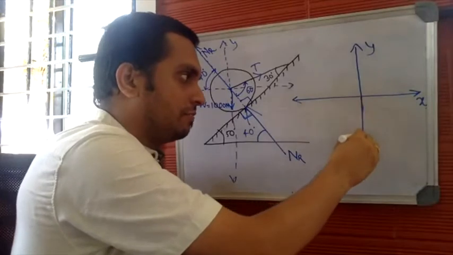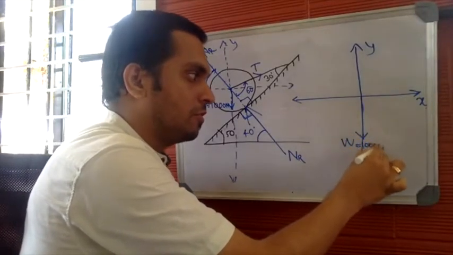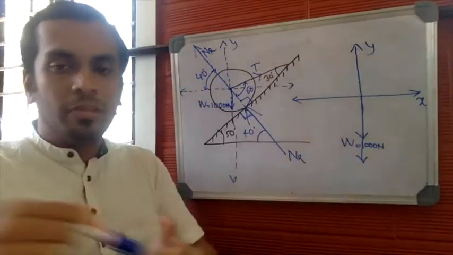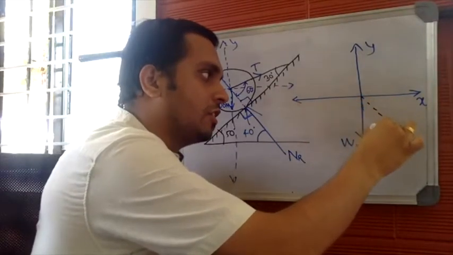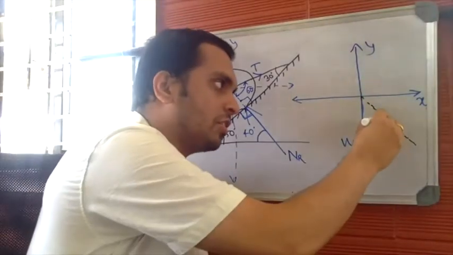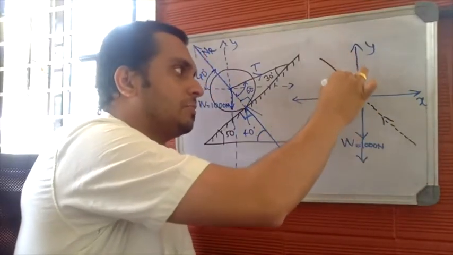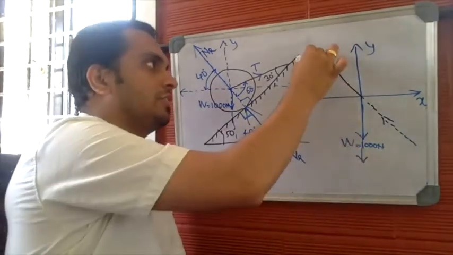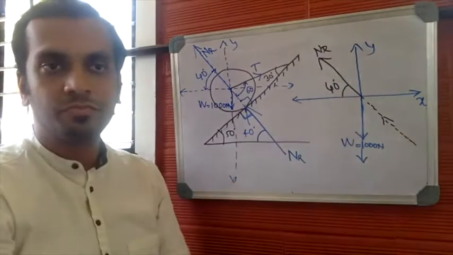This is self weight, W equal to 1000 newtons. The original position of the normal reaction is in the 4th quadrant. Originally, the normal reaction was here, but we have applied the principle of transmissibility and drawn the normal reaction in the 2nd quadrant. This will be the normal reaction now, making an angle of 40 degrees.